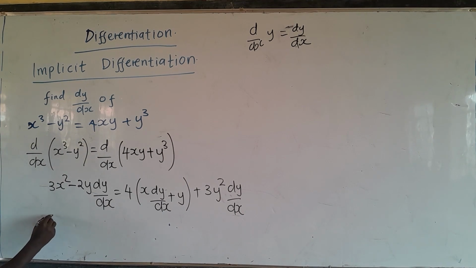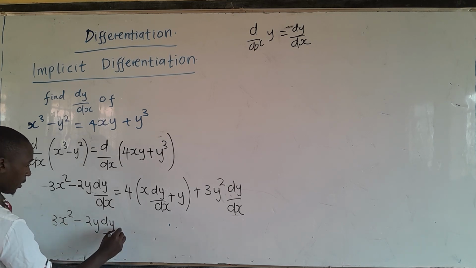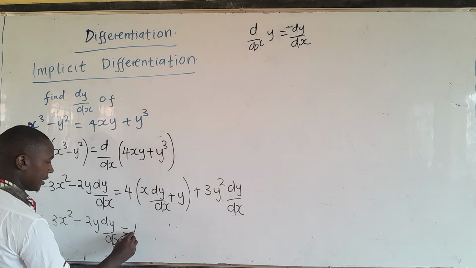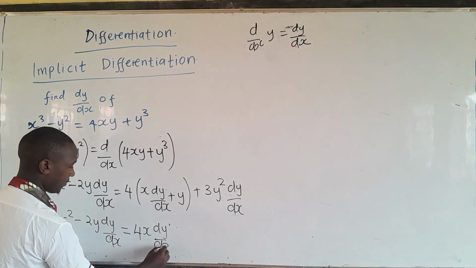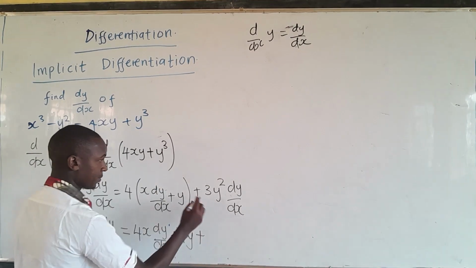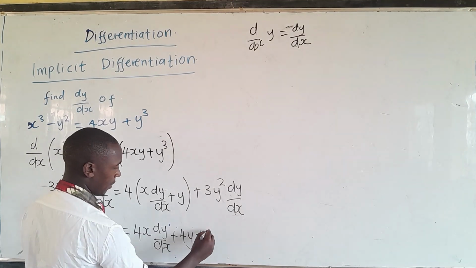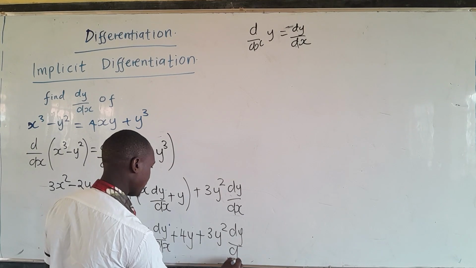So that we're going to have 3x squared minus 2y dy/dx is equal to, opening the bracket here, 4x dy/dx plus 4y plus 3y squared dy/dx.